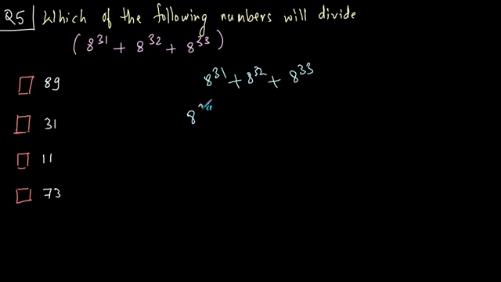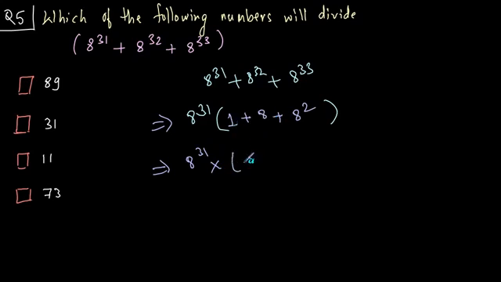So taking out 8 raised to 31, inside the bracket we get 1 from 8 raised to 31, then 8, plus 8 squared. Now again evaluating, 8 raised to 31 into 1 plus 8 is 9, plus 8 squared is 64.